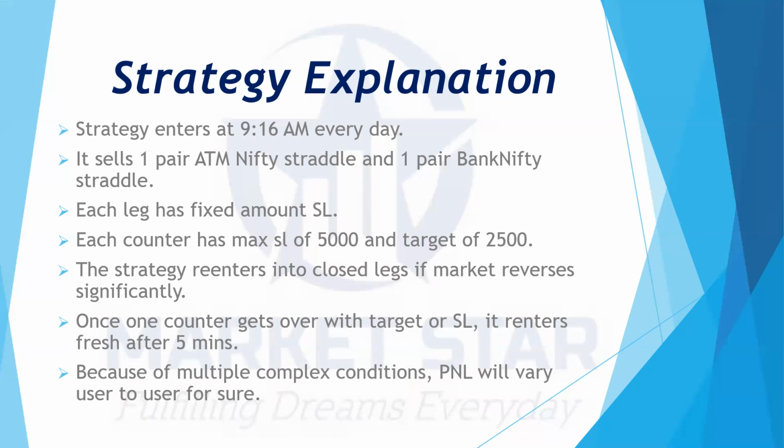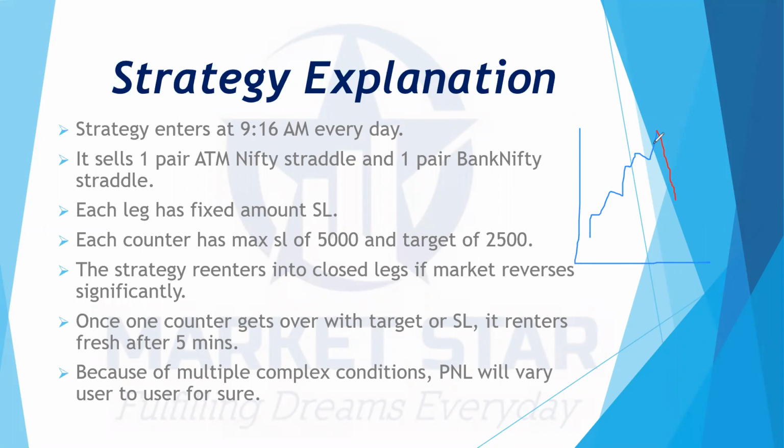I will give you one more reason why the difference will come. Suppose in my previous example, whatever I was showing you, the market is going like this, like this, like this. And then the market started reversing. Suppose a person got a premium of 100 rupees at the time of entry, and for him the stop loss is 150 rupees.